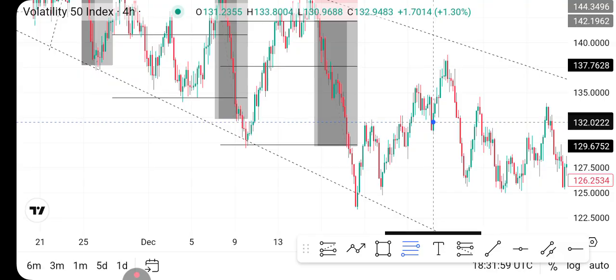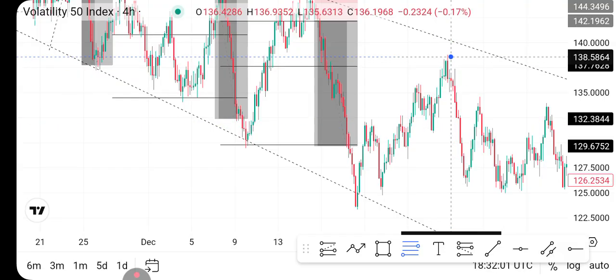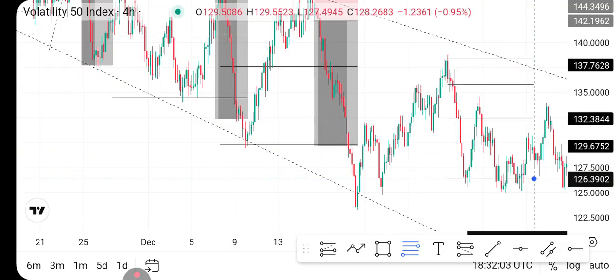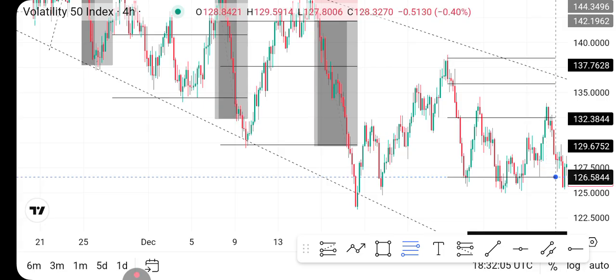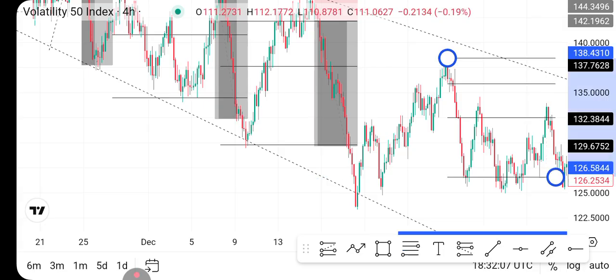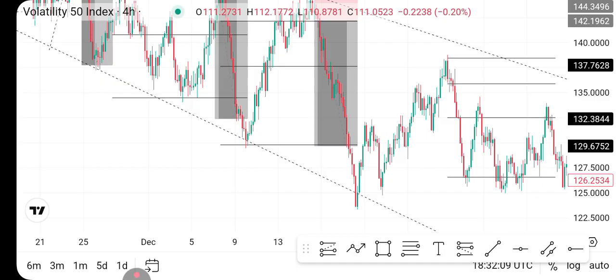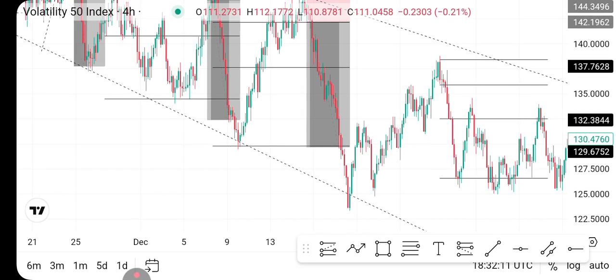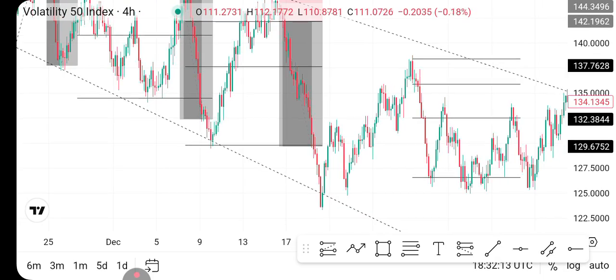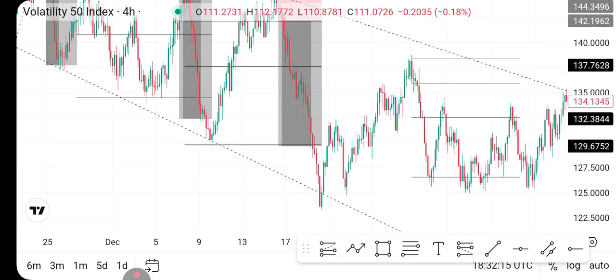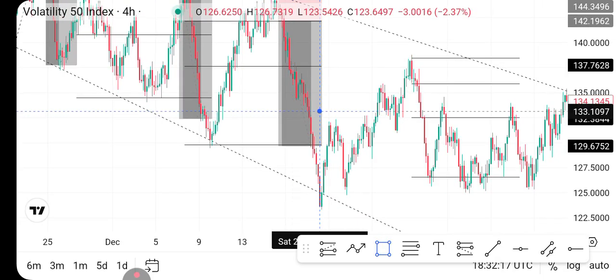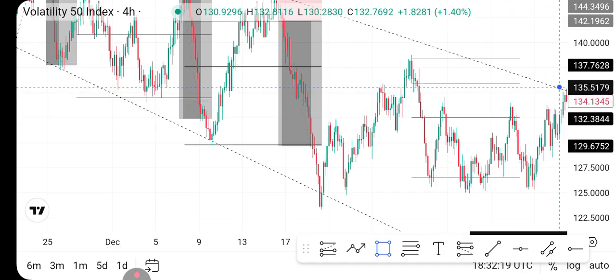The next break of structure is here, right? So we measure from here, 70%. Market did not get there. So let's wait if it will get to the end of the channel. And then yeah. So looking at it now, you can just take it since it's at the channel here.